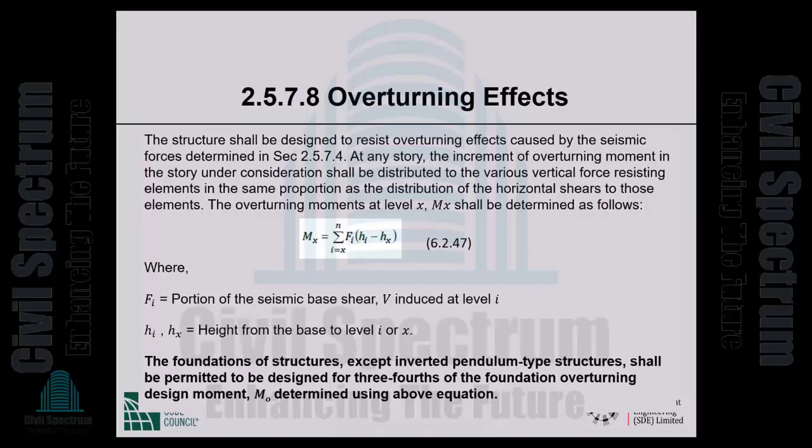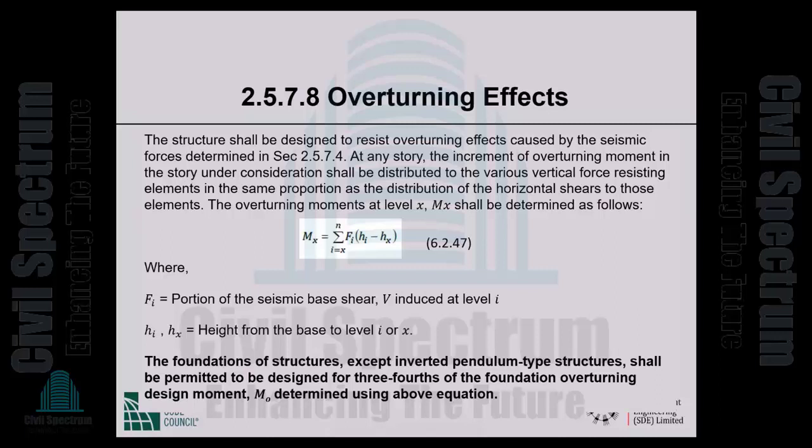The foundations of structures shall be permitted to be designed for 3/4 of the foundation overturning design moment M sub o determined using the above equation. You get a 25% discount on that moment. This is not in ASCE 7. All memories came back. It was in the UBC in the old days, but a long time ago, and I can remember now when it was dropped.